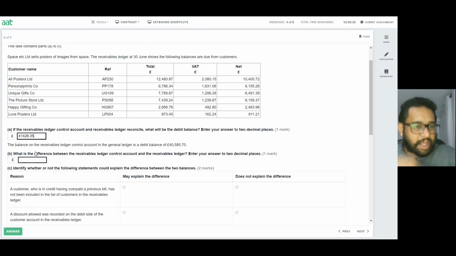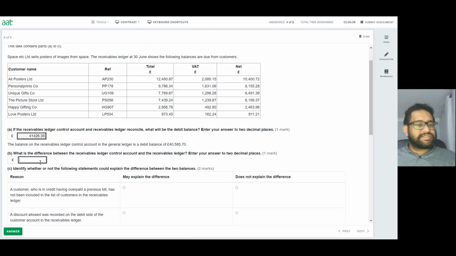And then they're also asking the balance of the receivables ledger control account in the general ledger is a debit balance of 40,585 pounds and 70. Therefore, the difference between those two is this minus that figure. It is going to be 840 pounds and 65 pence. So you have that figure there.